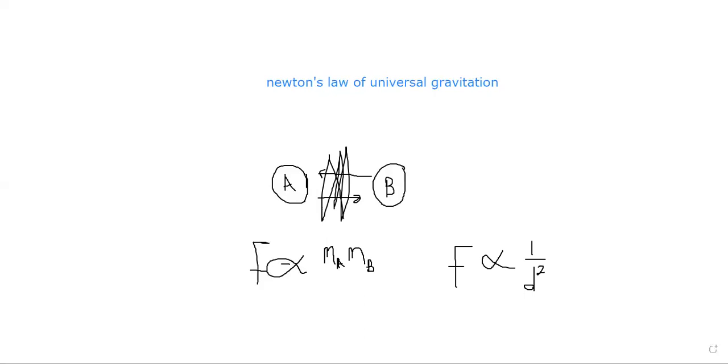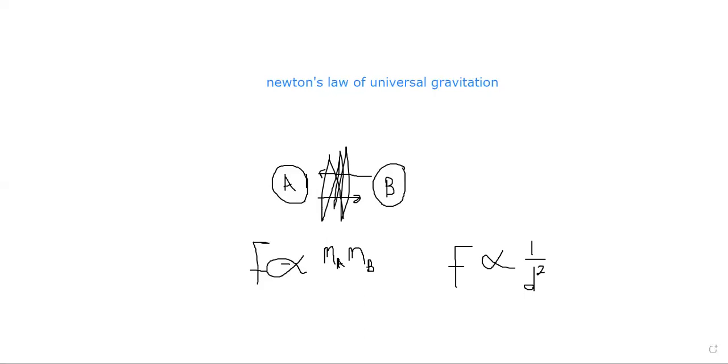With a force that is directly proportional to the product of the masses and inversely proportional to the squared distance between the center of the masses. Because when we're dealing with large objects, we need to deal with the centers and not only the distance between the two objects.